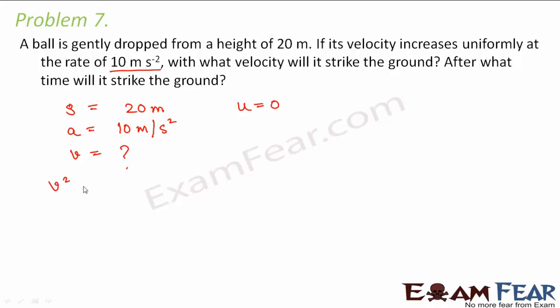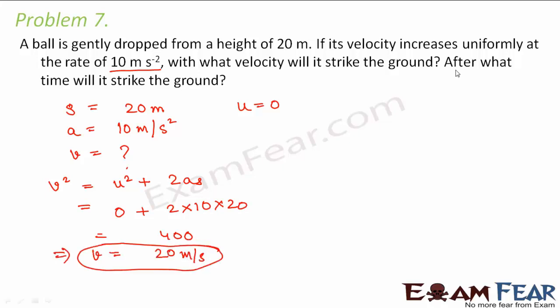Right? So let's make use of the third equation, which is v square is equal to u square plus 2as. So from this we can say 0 plus 2 into a into s, so that is equal to 400. So from this we see v is equal to 20 meter per second. Now next part, after what time will it strike the ground?